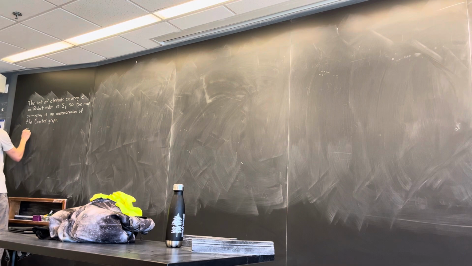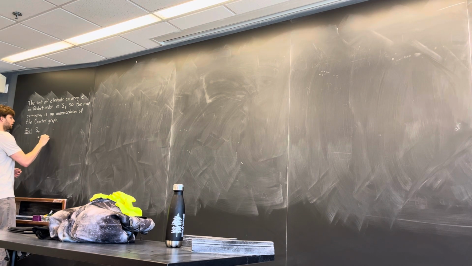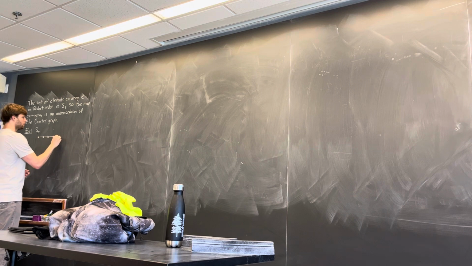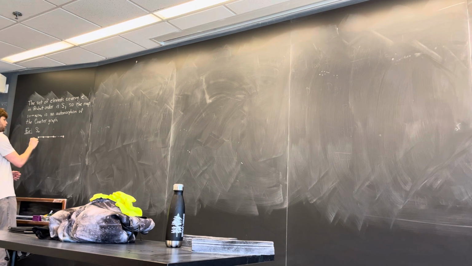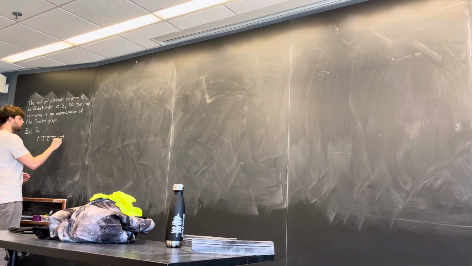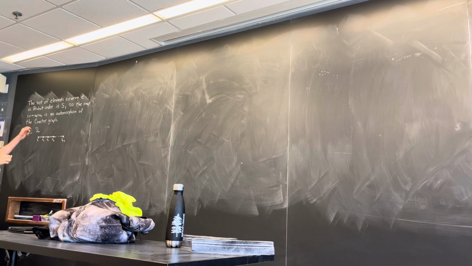So if we look at the symmetric group Sn, the Coxeter graph looks like this. It's just a path with S1, S2, S3, S4, it goes up to S sub n minus 1. And this map basically just flips this path around, so it just reflects the path through a vertical line.